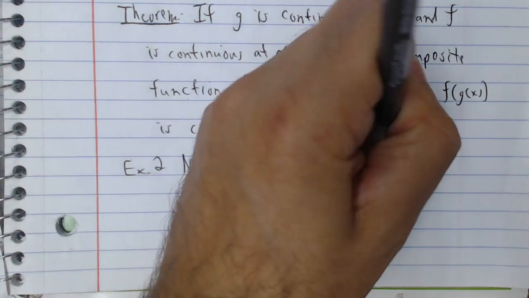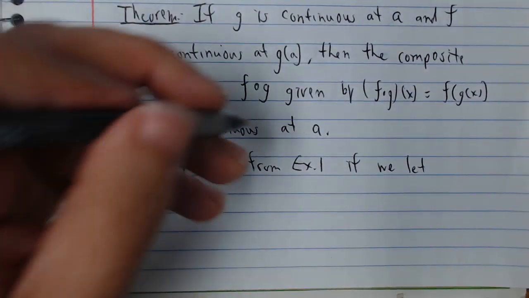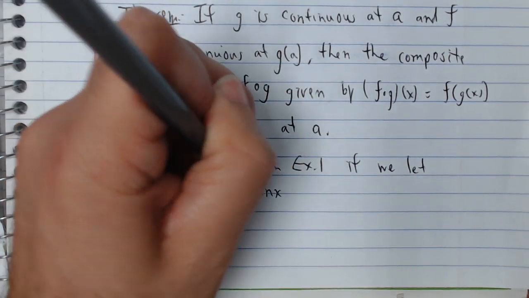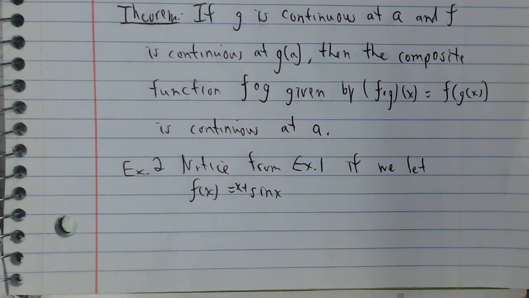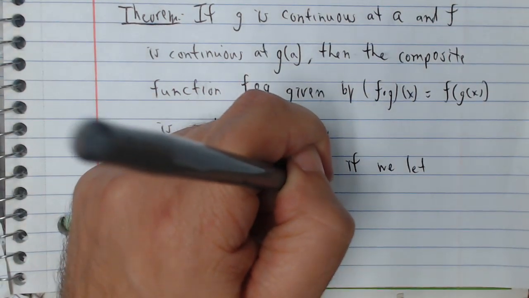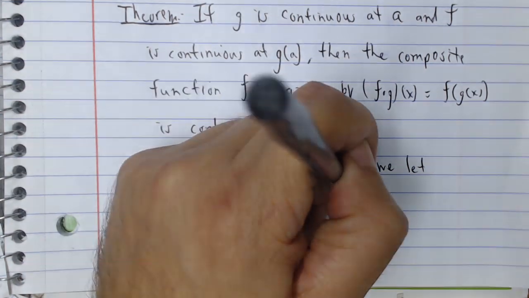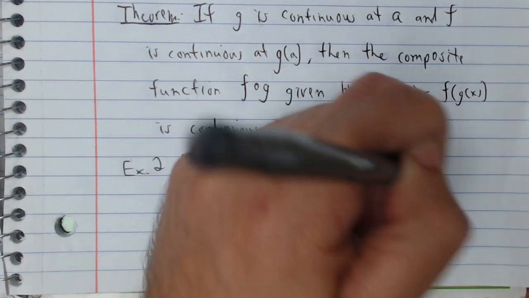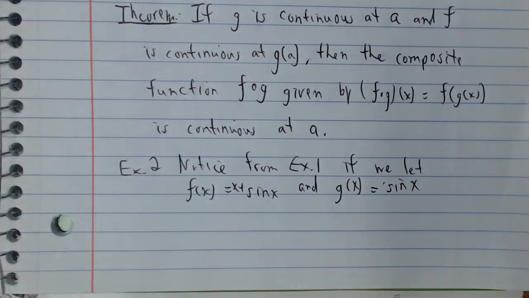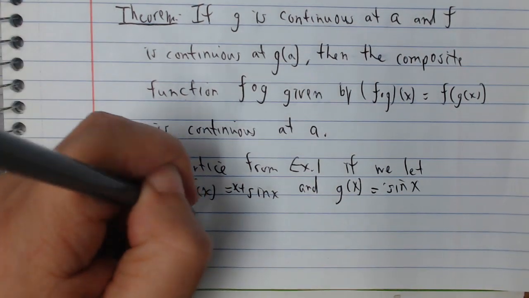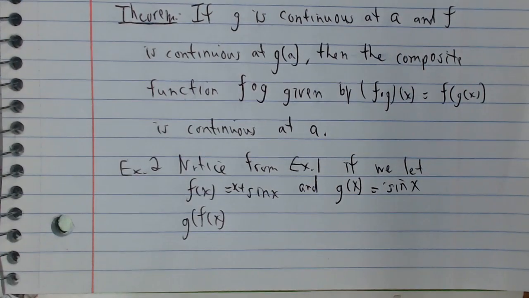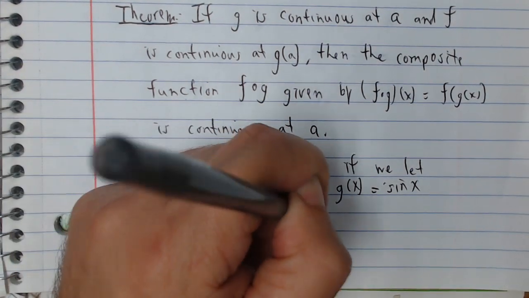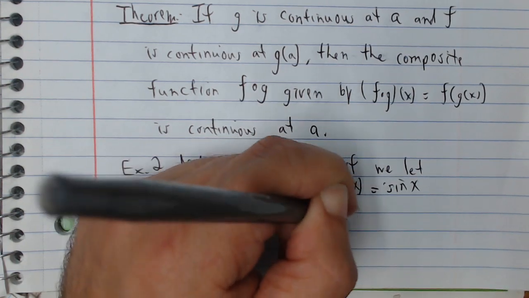So I could say if we let f of x equal x plus sine x, and g of x equal sine of x, then what do we have? We have g of f of x, which is what? Sine of x plus sine x.